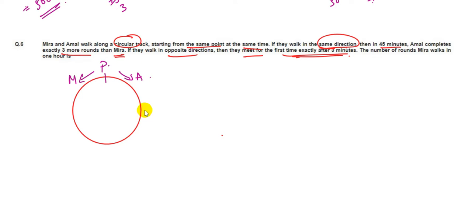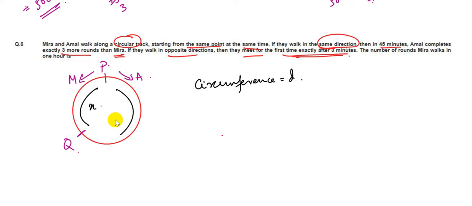That means the speed of Amal is greater. So let's say they meet at some point here, let's say Q, and let's say the distance covered by Meera is x, and the total circumference of the circular track is, let's say, d. So that means this distance will be d minus x.